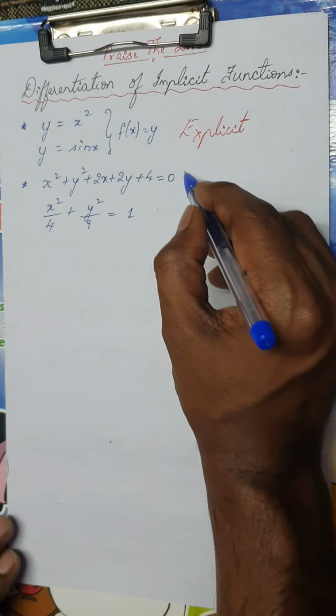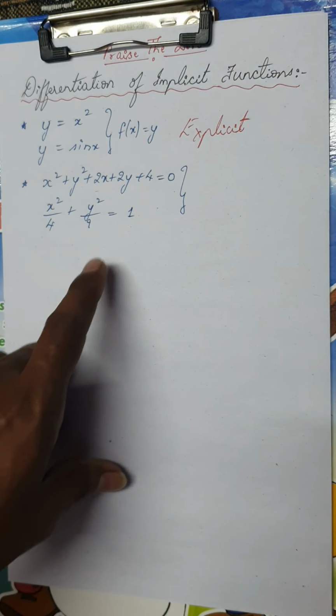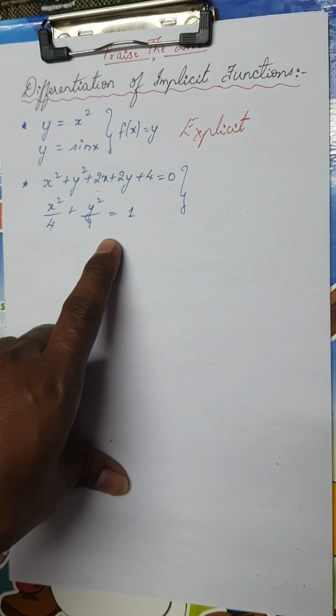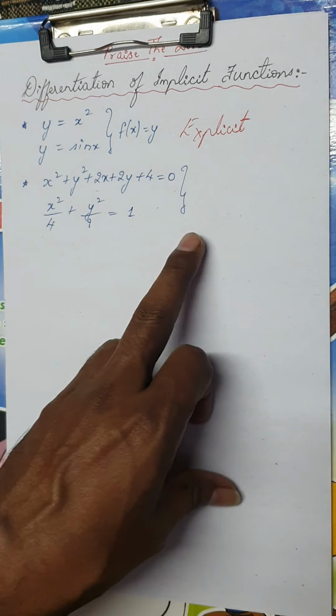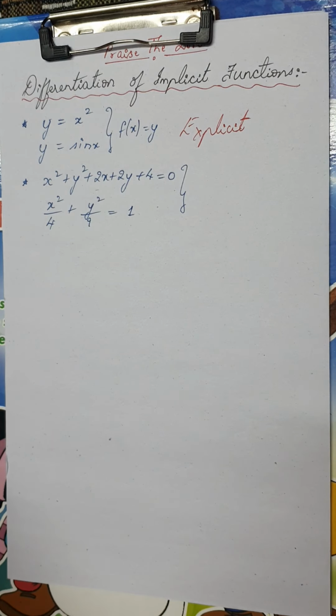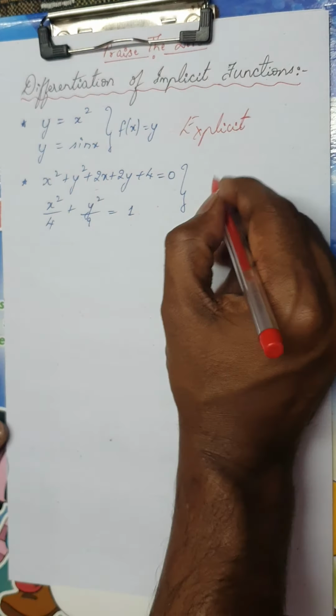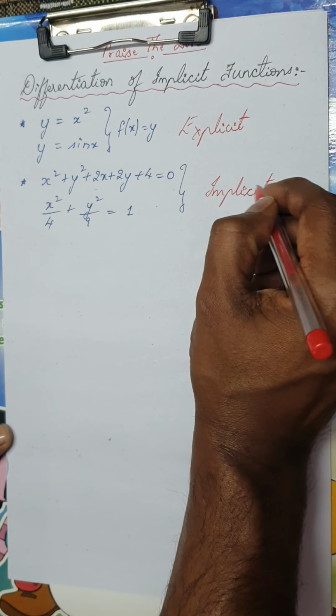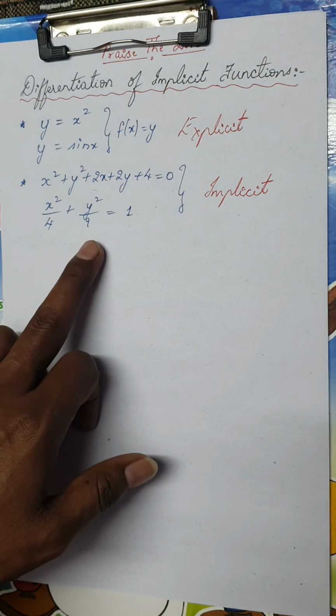Now you can check here, even here y would be a function of x, but you cannot explicitly represent y in terms of x. So these kind of functions are called implicit functions, where you cannot directly write y in terms of x.